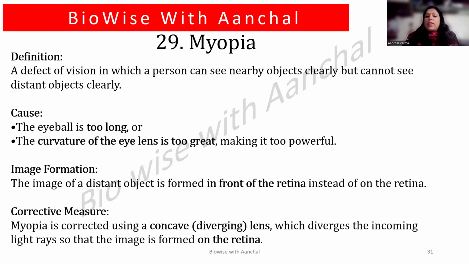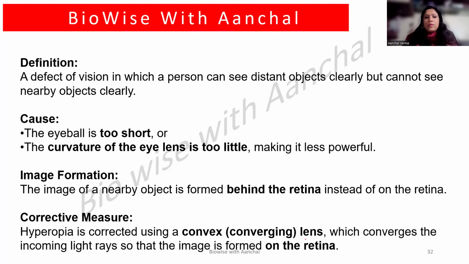The curvature of the eye lens is too great, making it too powerful. Image formation: the image of the distant object is formed in front of the retina instead of on the retina. It is corrected by a concave lens or a diverging lens, which diverges the incoming light rays so that the image is formed on the retina.